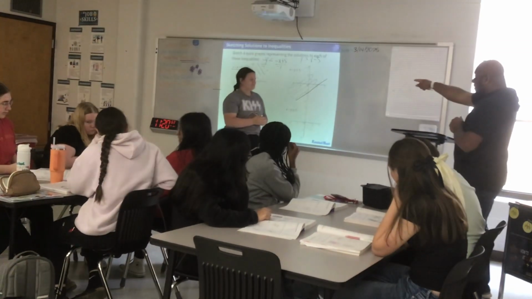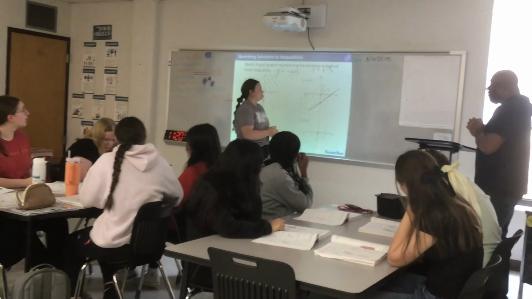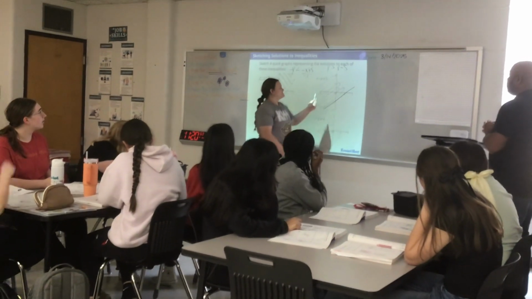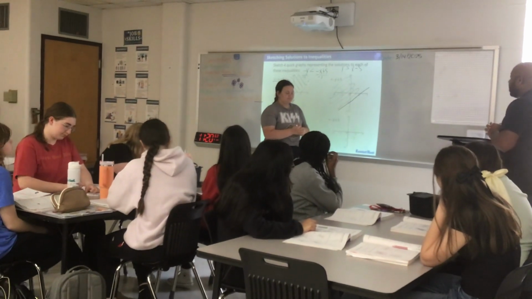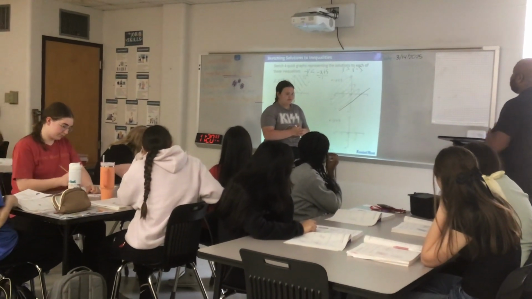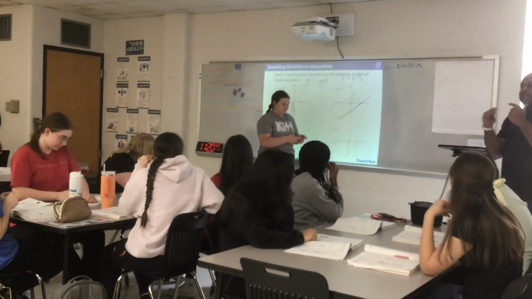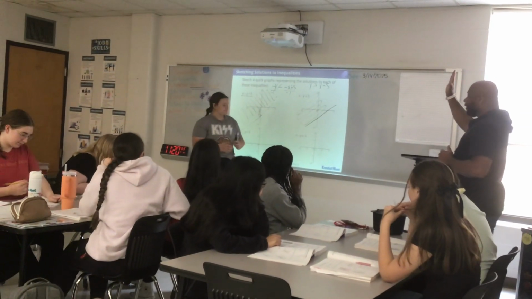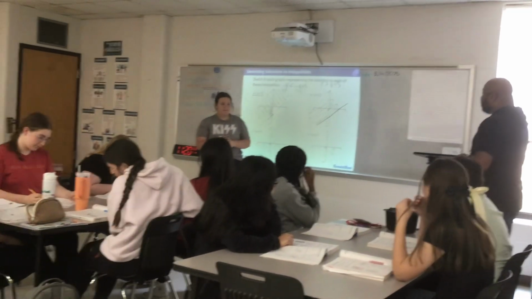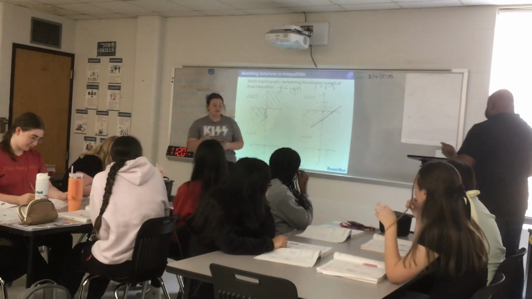Now, it says less up there, Lily. Why did you shade above? Because there's a negative one, so you change the sign. Very good. It's a negative y, so we have to change the sign. And we have an equal to this time, so we have a solid line.